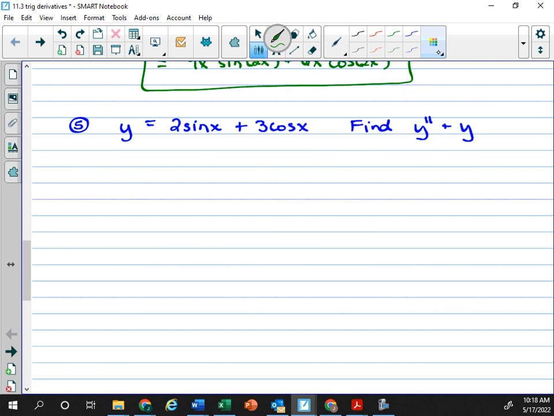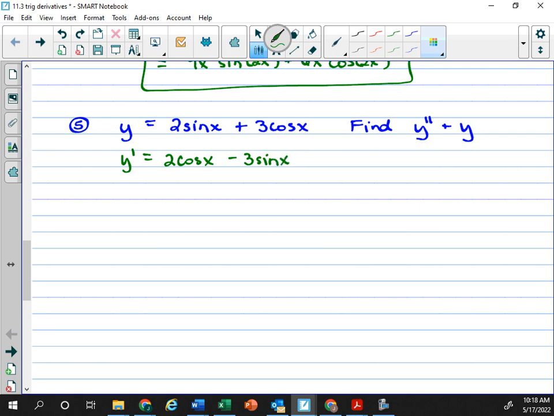All right, guys, what'd you get when you added them together? 0, yes. I'll go through it real quick, but it is 0. So I'll find y prime first. What's the derivative of sine? Cosine, so we're just going to have 2 cosine of x. What's the derivative of cosine? So this would be minus 3 sine of x.